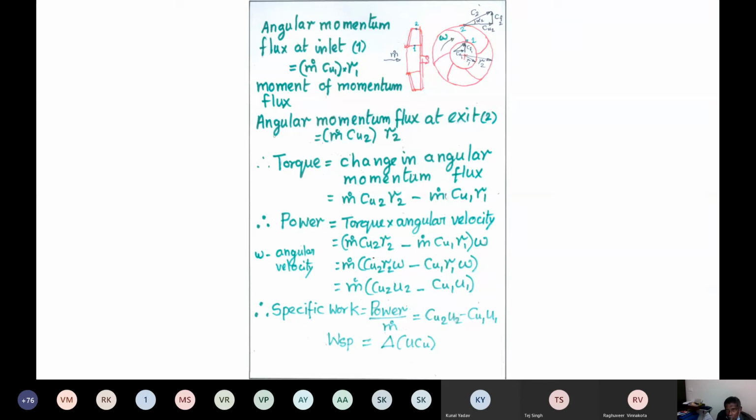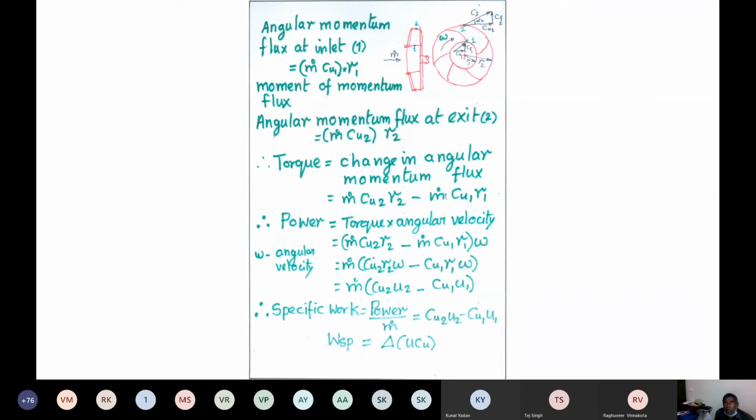So it is m dot Cu2 R2 minus m dot Cu1 R1. See here, torque is final momentum flux minus initial momentum flux. We are trying to get the torque acting on the fluid. Obviously, the torque acting on the solid system will be opposite to that.